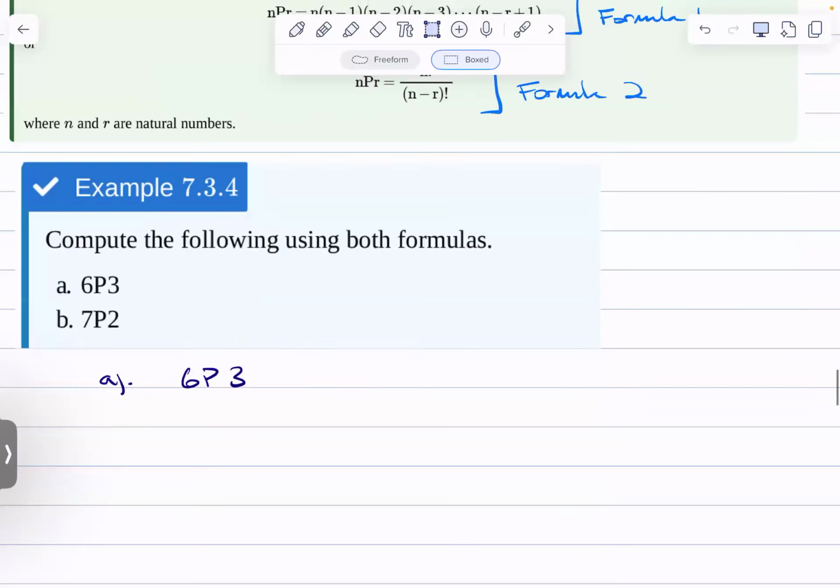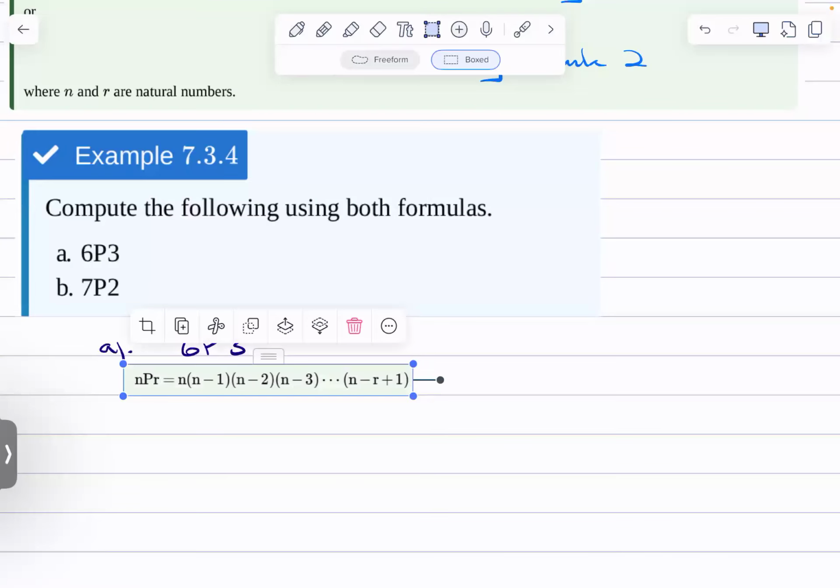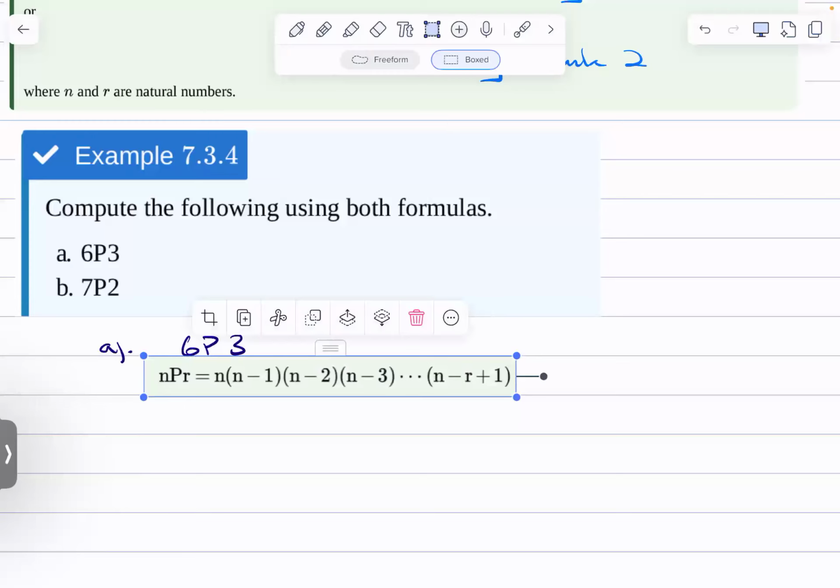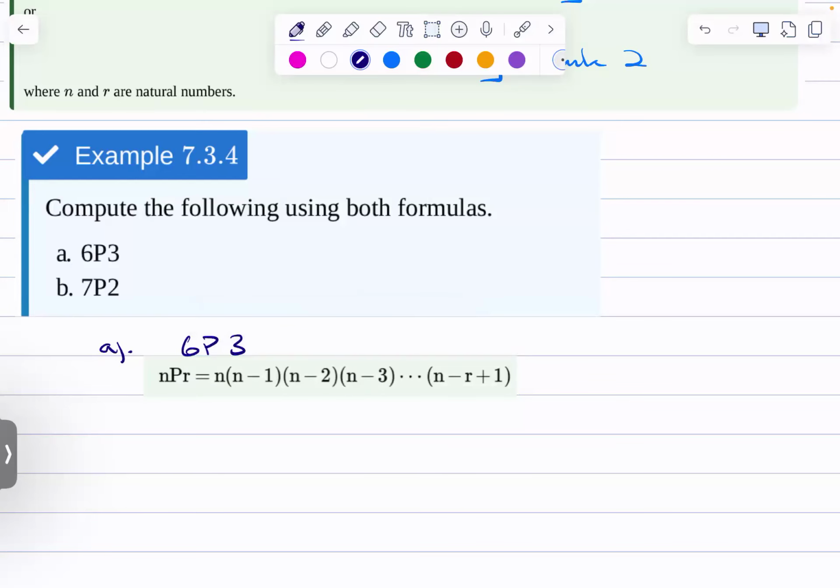With our first formula, my n is 6 and my r is 3. And so, like we did earlier, I'm going to figure out where I need to stop, and then just start at 6 and keep going to that point.